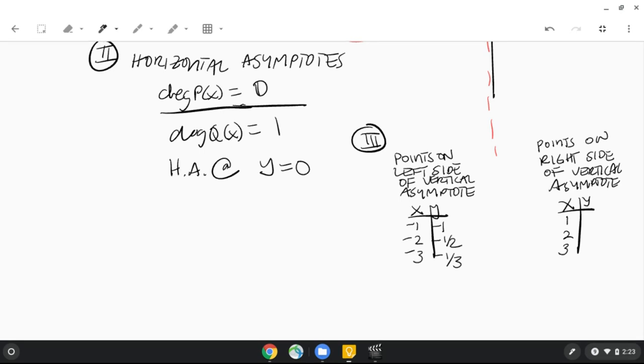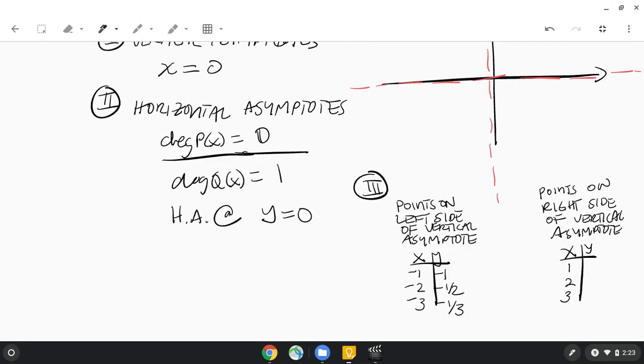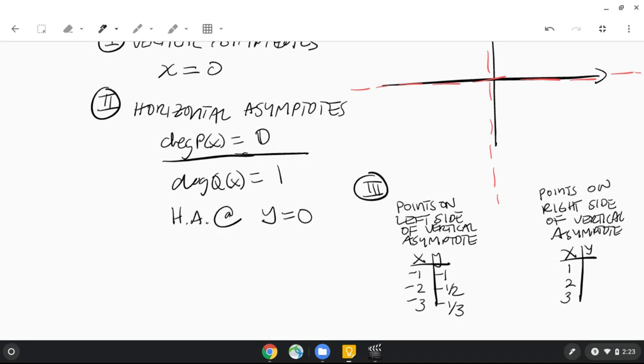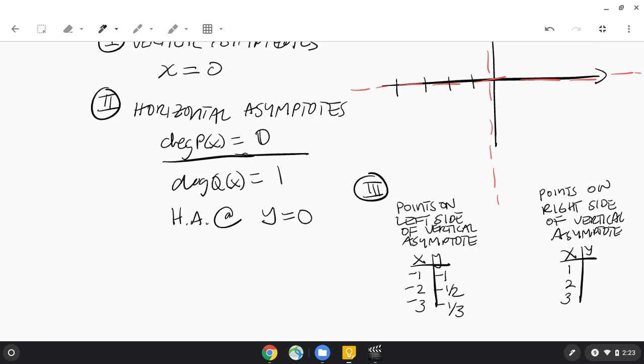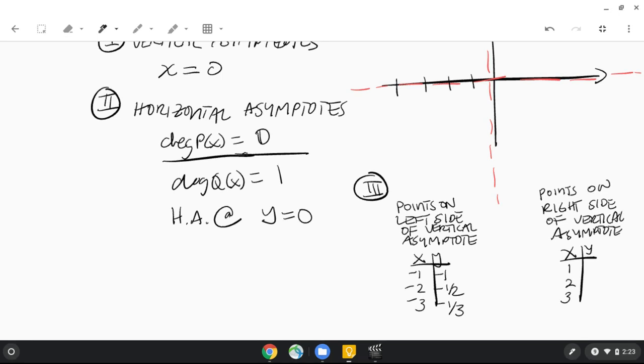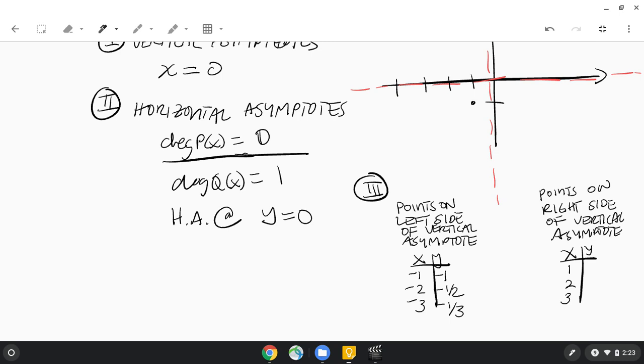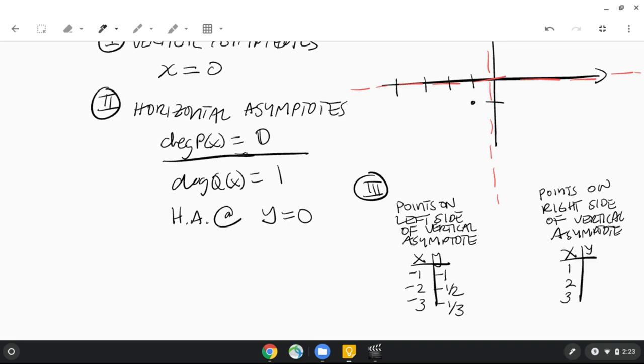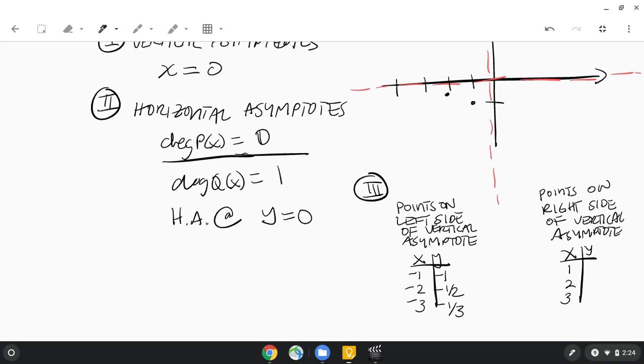Okay, so we see here we do end up getting closer and closer to that asymptote on the left-hand side. So when we're at -1, here, let me put some tick marks. At -1, we get -1. At -2, we get -1/2. At -3, we get -1/3.